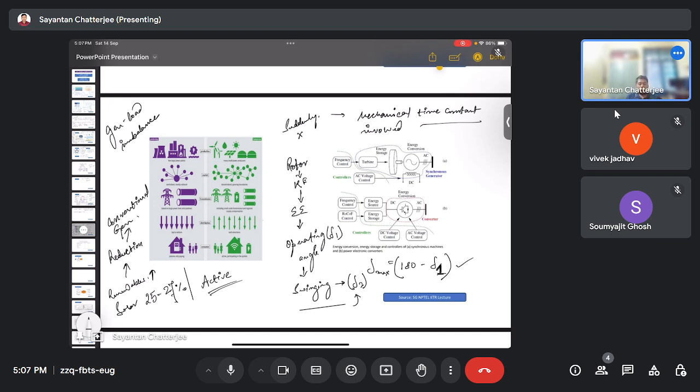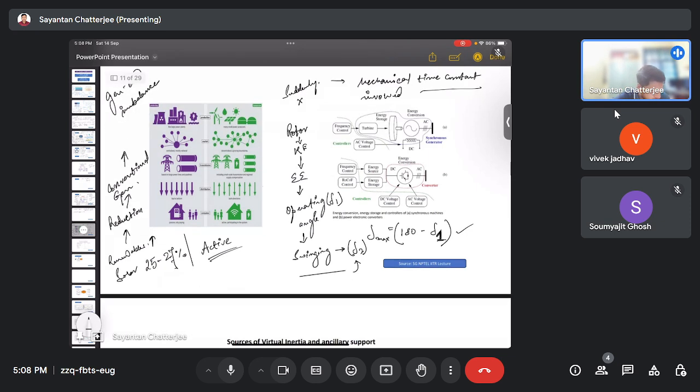So the problem has become more stringent. That is, these generating units have reduced, so the system inertia is reduced, and on the other hand, the need for inertia is not reduced, because the load generation imbalances still occur. So for that, there comes the picture of virtual inertia. Although this is mostly a research topic nowadays.